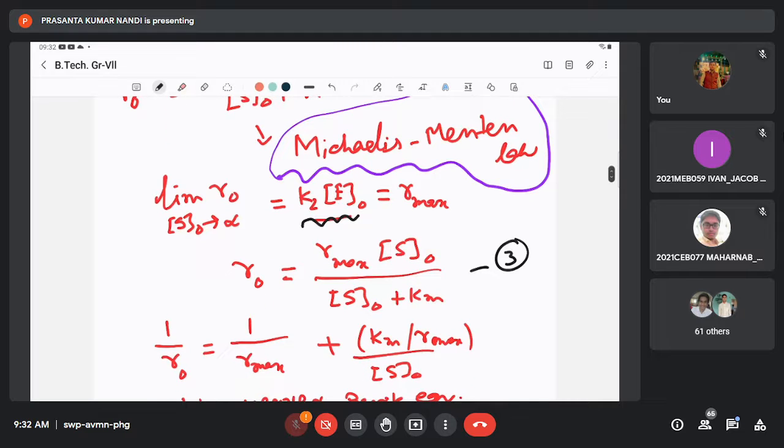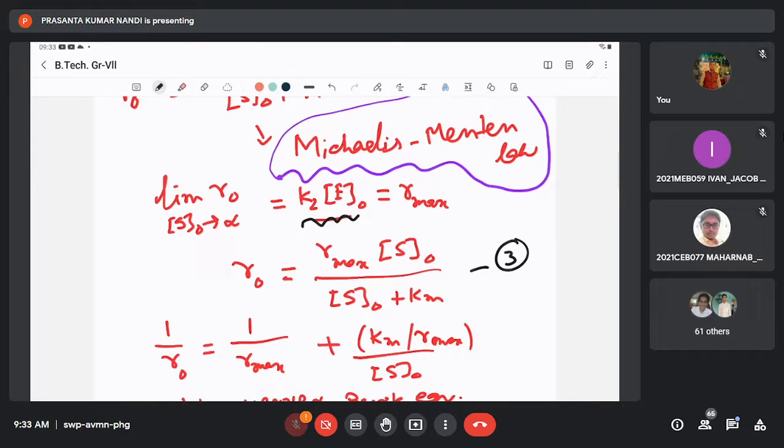Now this equation can be rewritten in this alternative form, and the purpose of this writing will be clear in our subsequent discussion. To get some physical significance and to calculate some meaningful quantities related to this enzyme catalysis, we write down this equation in this form.